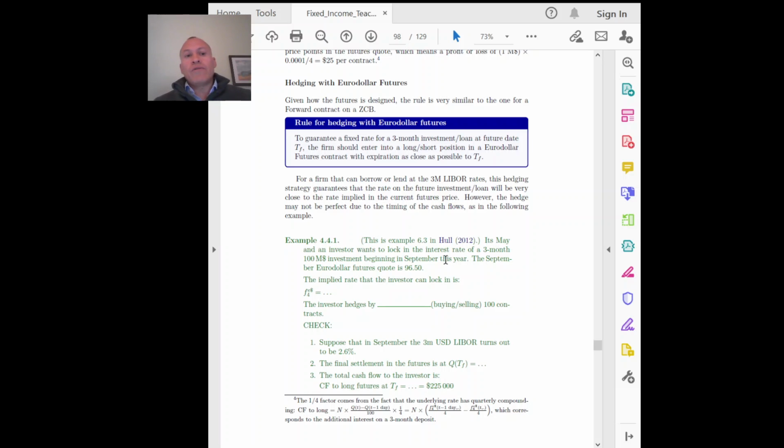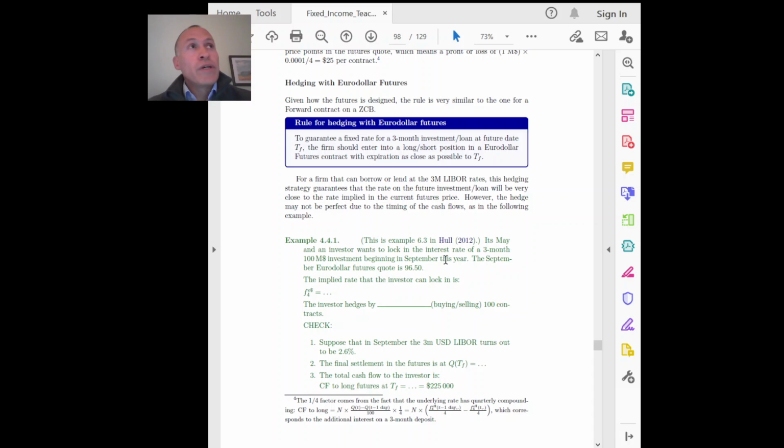All right, so how do we use these Eurodollar futures to hedge? Since we have this artificial bond in between, we can think about it just like we did for a forward contract in the previous section.